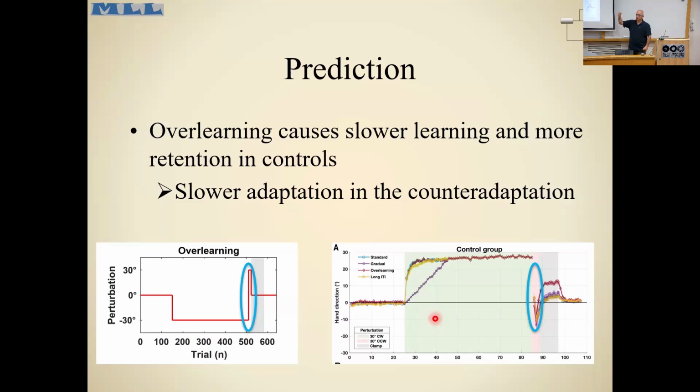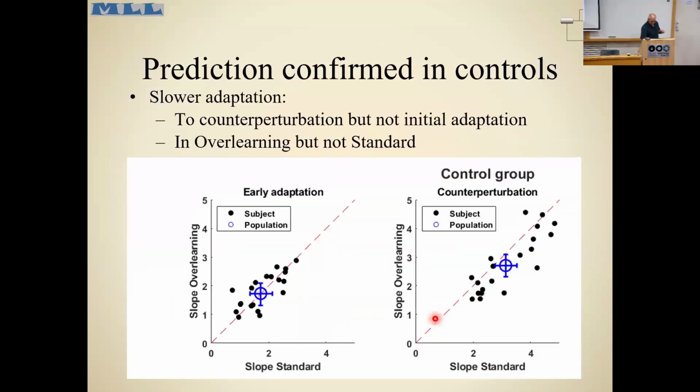You can actually see the learning rate slow down in the controls, whereas in the patients, the actual learning rate, that is how fast they're going from going this way to going that way, shouldn't change. And that's really what we saw.